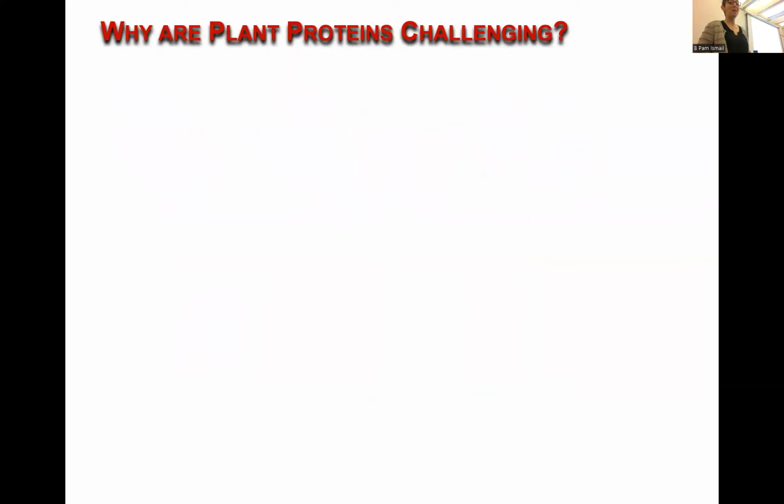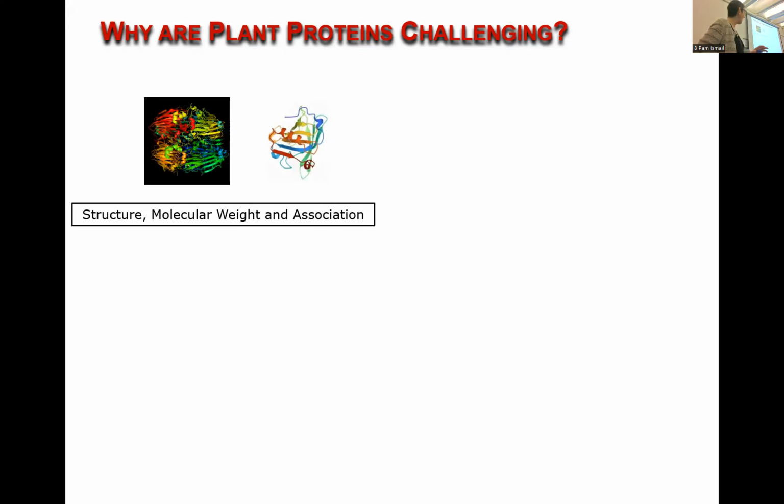But why are plant proteins challenging? Look at their structure. You have the little whey protein monomer that is very hydrophilic on the surface, and then you have your hexamer globular proteins such as 11S in pea or in soy.